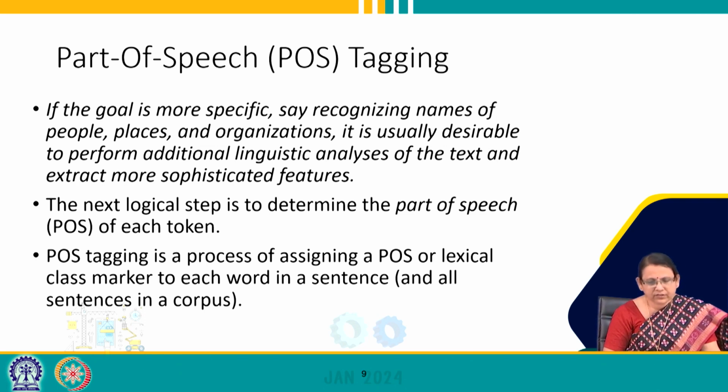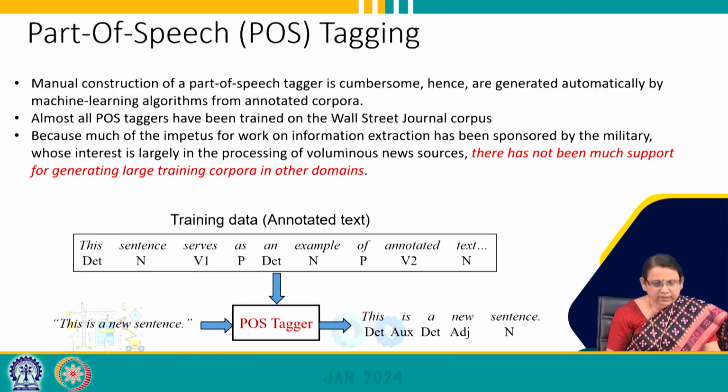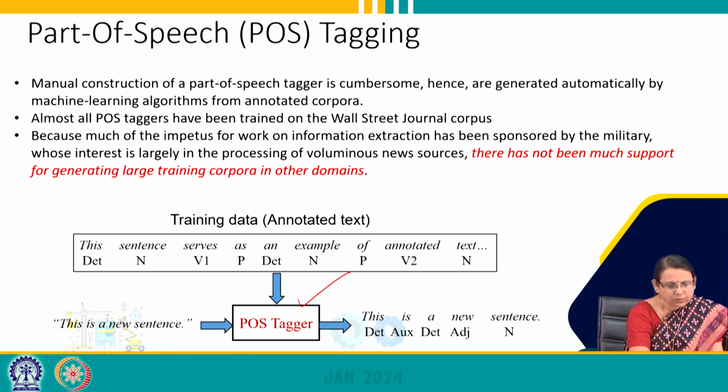Parts of speech analysis is one such step. There will be a parts of speech tagger available in your NLP package, whatever package you are trying to use, and this tagger has to be trained with some data, so that parts of speech like noun, verb, different types of verb, determiner and so on can be determined.